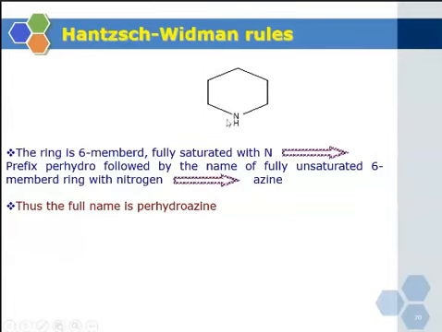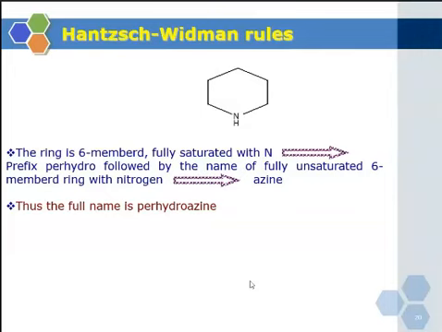Here we can see a 6-membered saturated ring with only one nitrogen atom. A 6-membered ring with one nitrogen atom present as its heteroatom. At the same time, this ring is saturated. So the prefix perhydro is followed by the name of the fully unsaturated 6-membered ring with one nitrogen, which is azine.